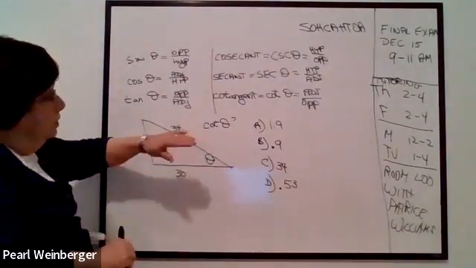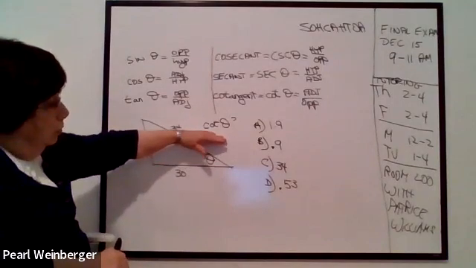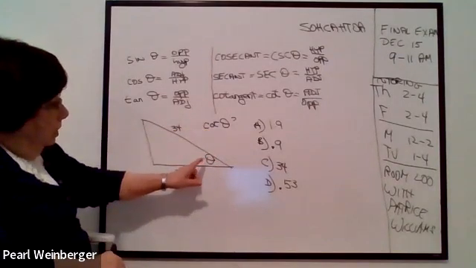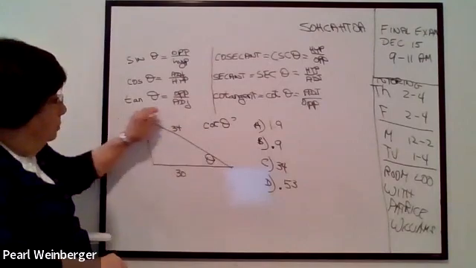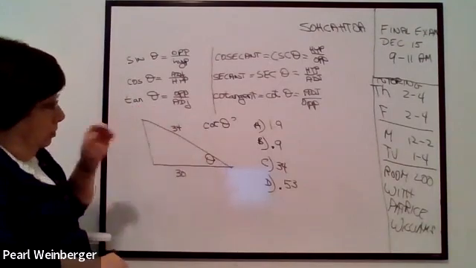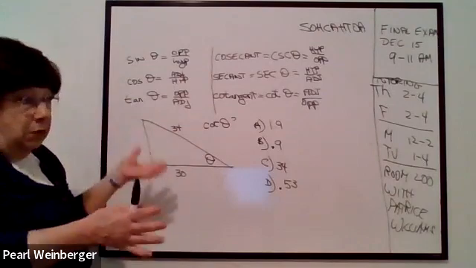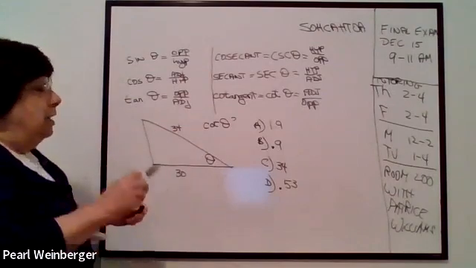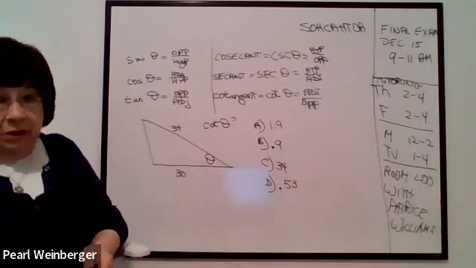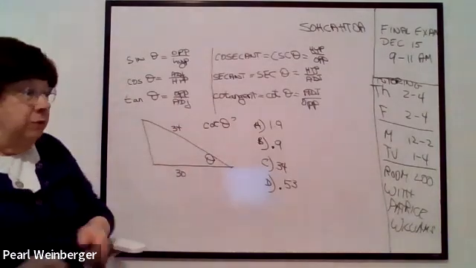Okay, so the first thing is, it asked me to find the cotangent of theta. And the first thing I always do, if they just describe the triangle, is draw the triangle. I write what's the opposite, what's the adjacent, what's the hypotenuse.